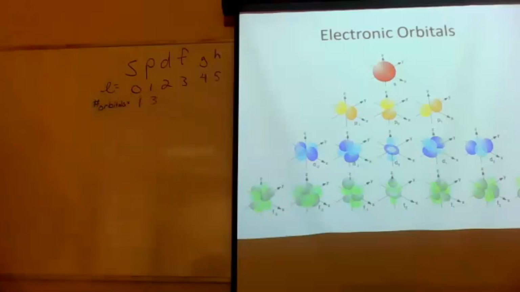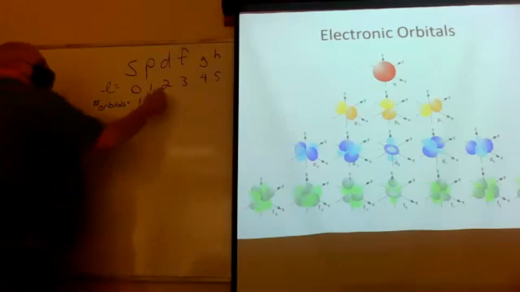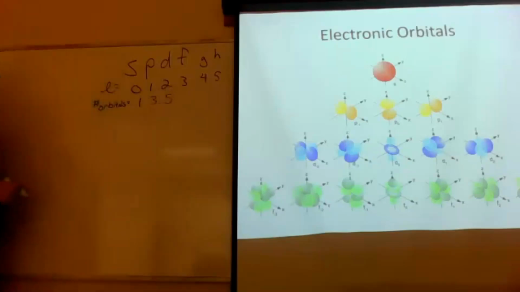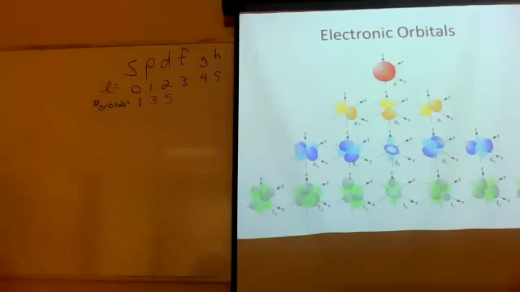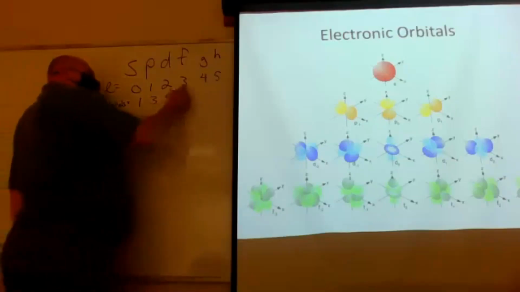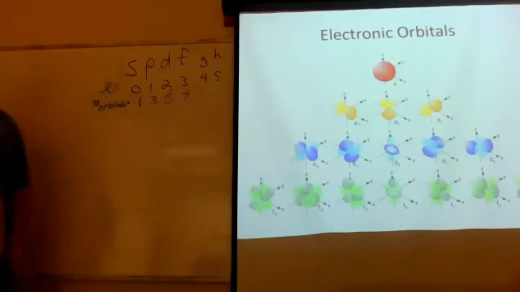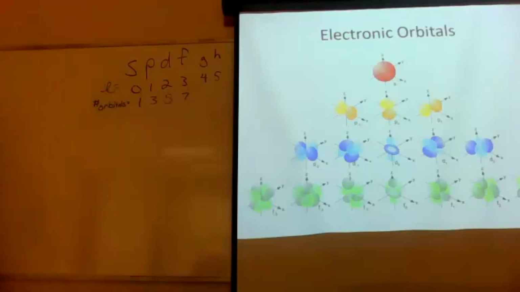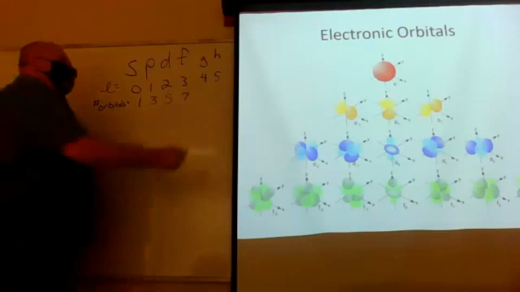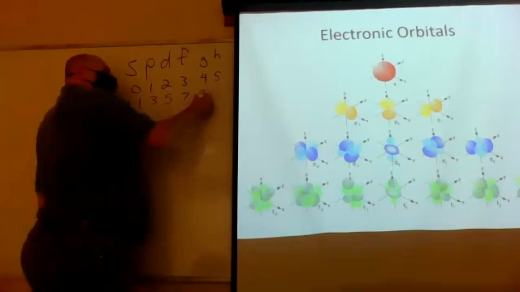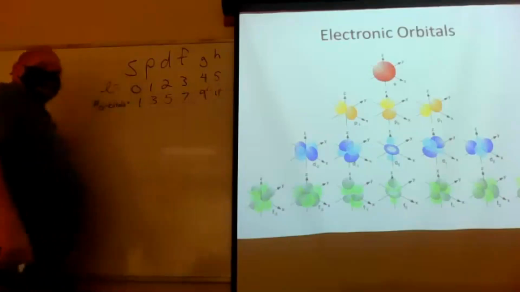How about of the D's? 5. And then maybe you see the pattern, 1, 3, 5. These are the odd numbers. And so when I do the F's, I expect there to be 7 of them. And there are. When I do the G's, there should be how many? 9. And then the H's, there's 11.